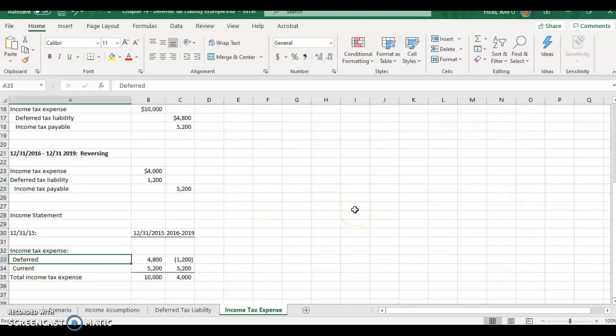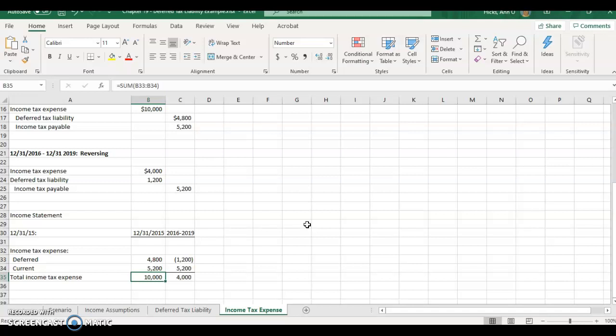Okay, last item before we run out of time here. On the income statement, you see in 2015, $10,000 of expense, 2016 to 2019, $4,000, just like we calculated. But you are required to break out the deferred portion from the current portion. You can do it on the face of the income statement or in the notes. But this $10,000 of expense, $4,800 was deferred, $5,200 of it had to be paid currently.